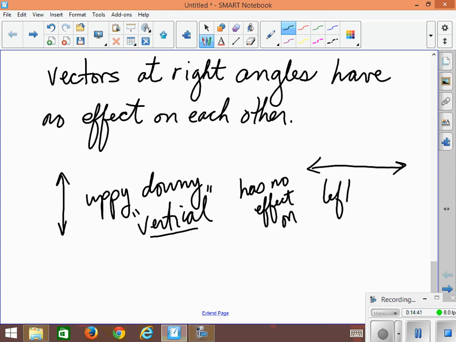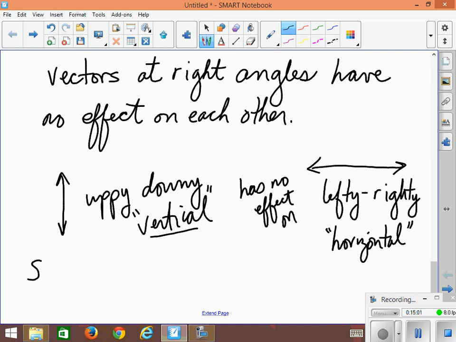And so what that means is that we can split our vectors up into their components, their x and y components, and deal with them separately. This is what we might call the horizontal. We use that loosely.